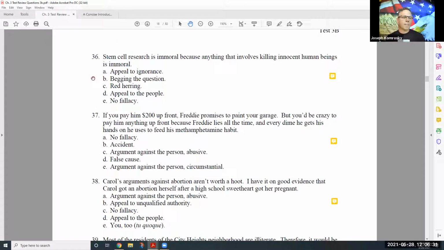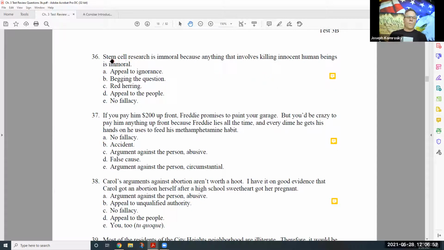36: stem cell research is immoral because anything that involves killing innocent human beings is immoral. So this is begging the question, because you're saying it's immoral because anything that involves killing human beings is immoral, but there's an additional premise that's missing, or a piece of evidence.